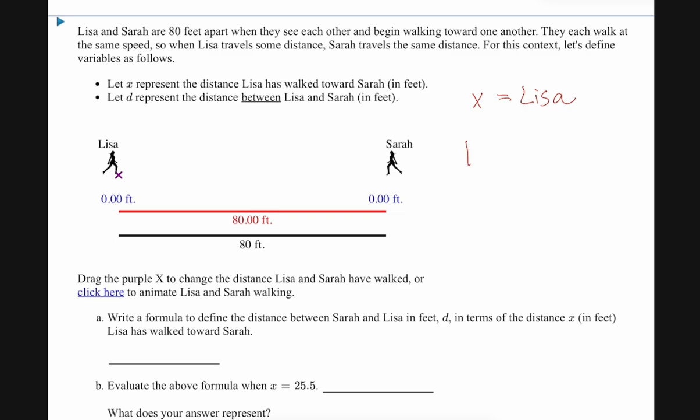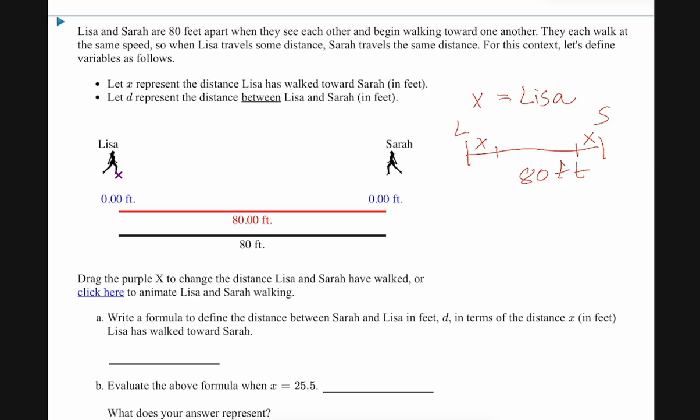They are 80 feet apart. And they walk toward each other. Sarah travels the same distance. So if X is the amount that Lisa has walked, then they say Sarah is doing the same amount. So they are both X.